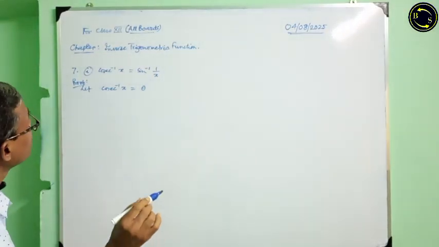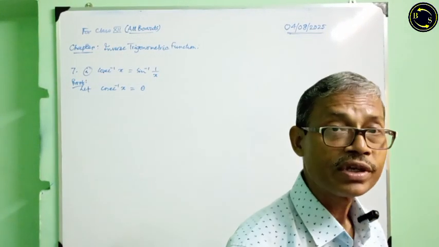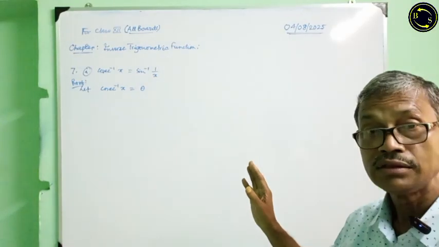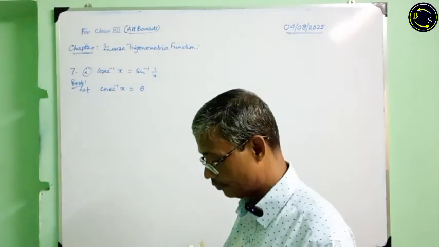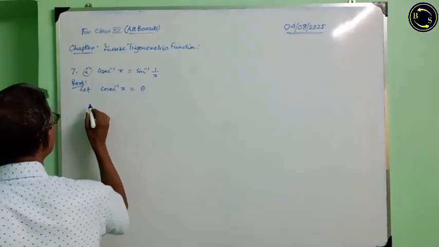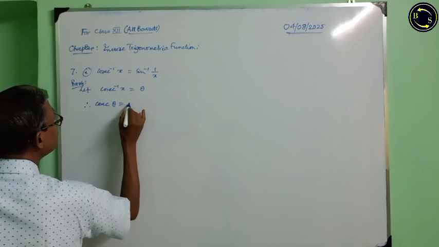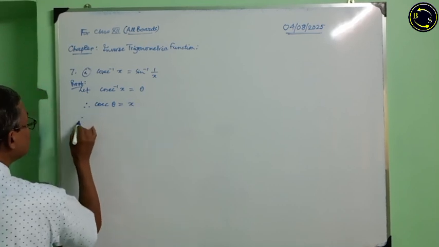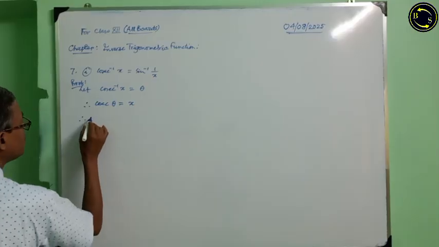Remember one thing, inverse of different trigonometric functions are angle. That is why I usually take theta. Therefore, cosec theta equal to x. Now we know cosec theta is nothing but 1 by sine theta.